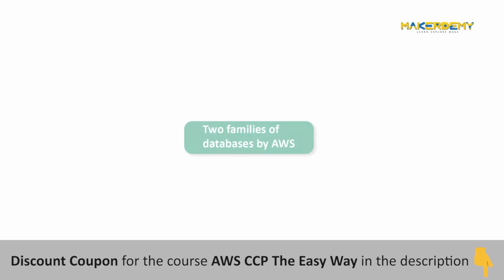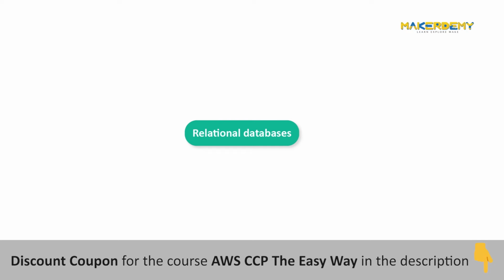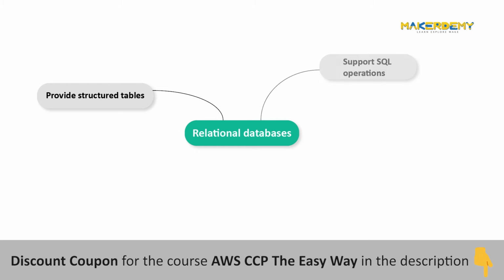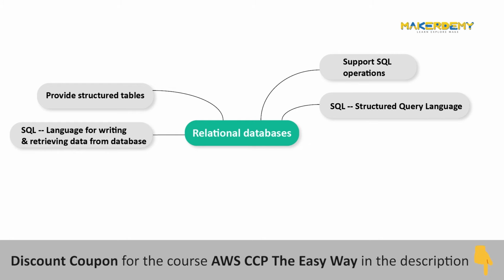Now there are two families of databases provided as a service by Amazon Web Services. There's relational databases and there's non-relational databases. Relational databases provide structured tables which generally support SQL operations. SQL stands for Structured Query Language, and it is a common language and syntax for writing and retrieving data from a database construct.